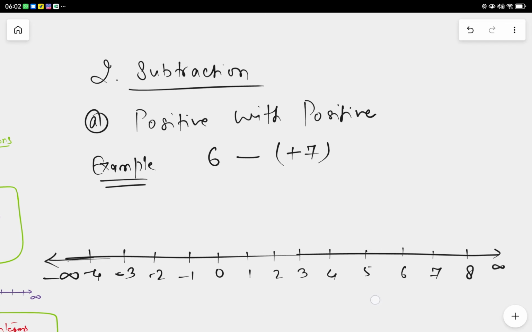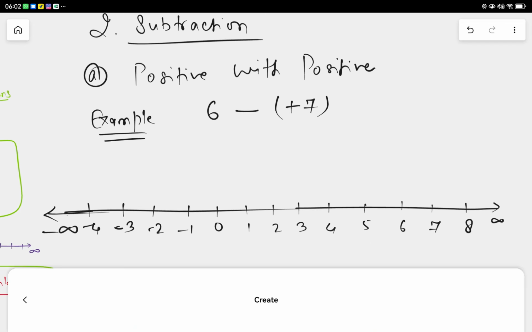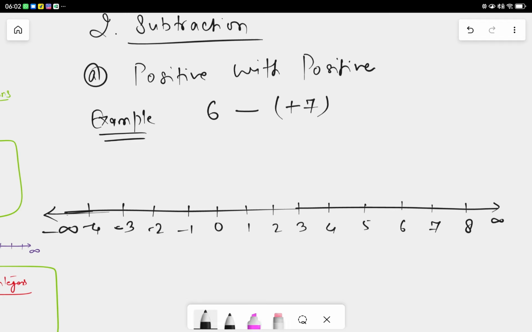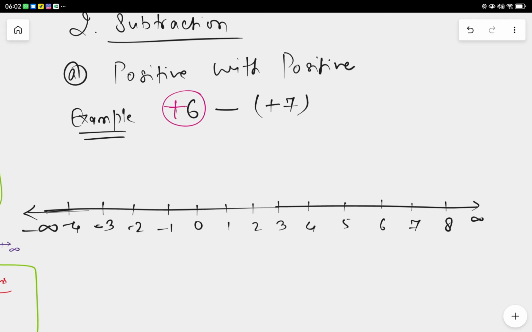So what we will do, we will again make that jump theory in this particular section. So here it is +6. If no sign is there, that means it is a +6. So what we will do, we will actually jump 6 units further forward.